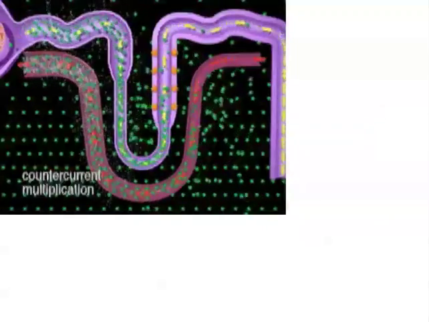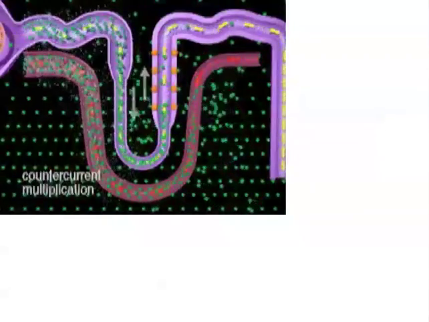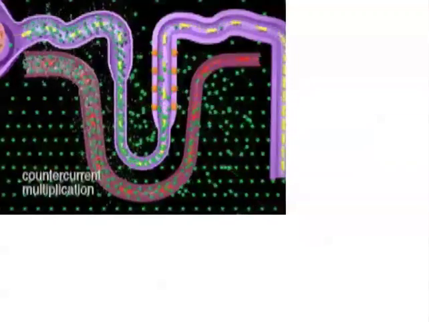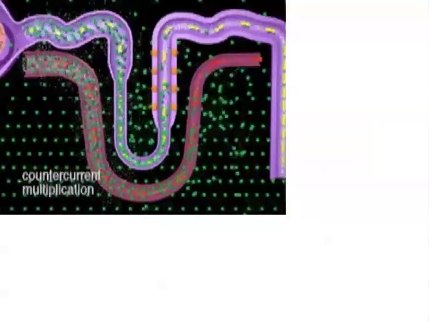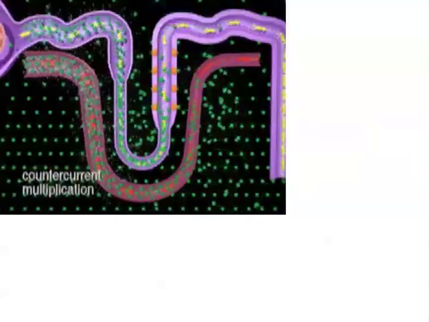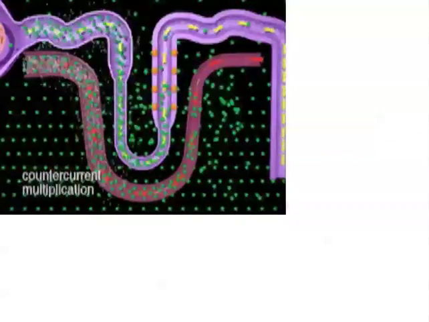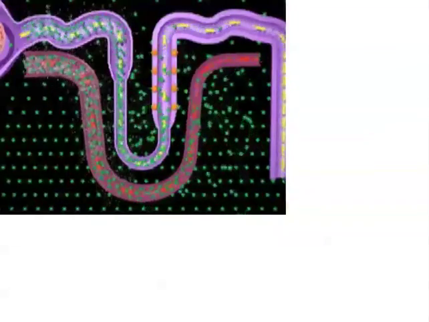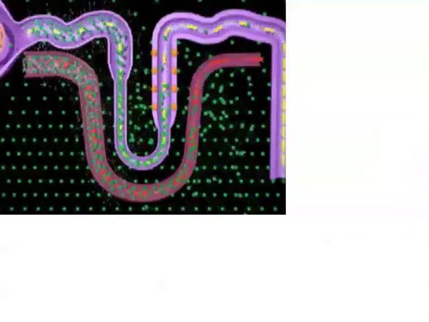Countercurrent because the tubular fluid in the ascending and descending limbs travel in opposite directions, and multiplication because the positive feedback relationship multiplies the effect on water reabsorption in the descending limb and sodium and chloride transport in the ascending limb. The countercurrent mechanism performs two services for the kidneys.